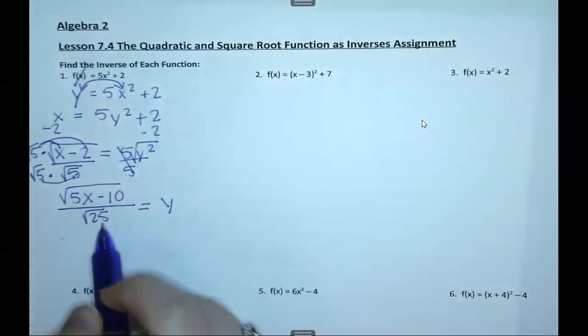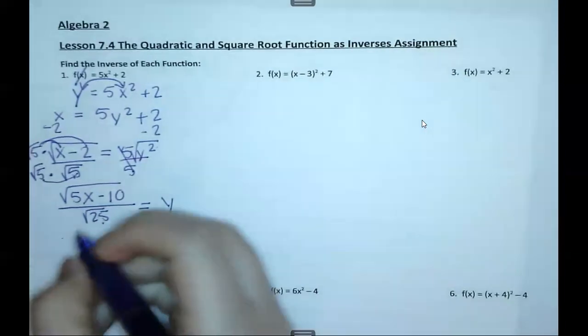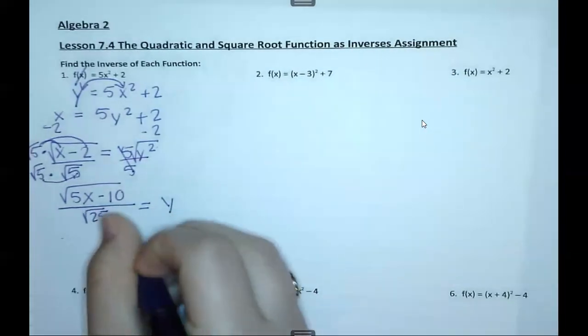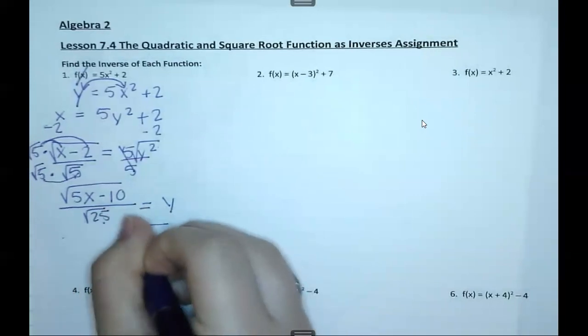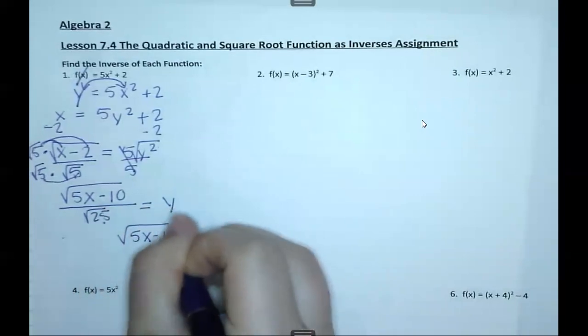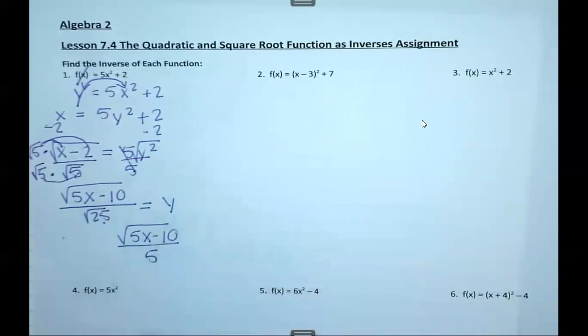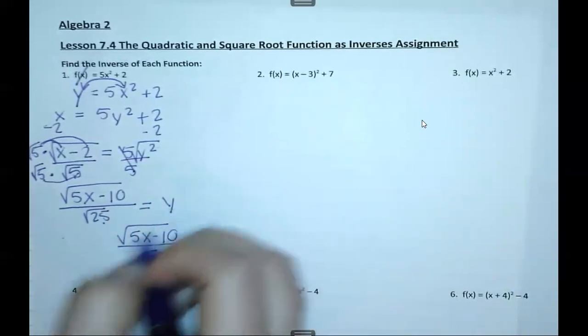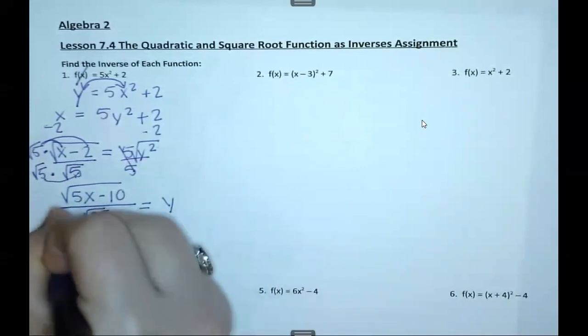You can take the square root of 25. So we should end up with the square root of 5x minus 10 over 5. And your last step is to change your y to f inverse.